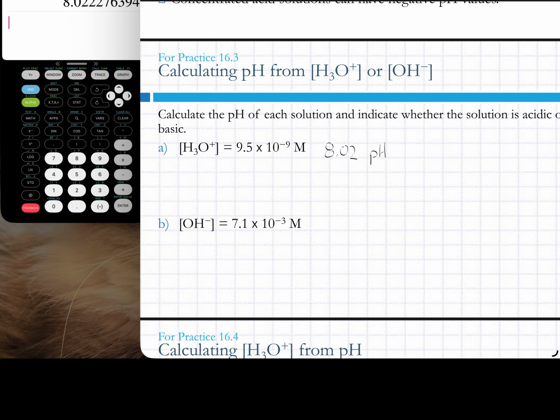Acidic, basic, or neutral? Basic. Higher than 7. Higher pH than 7 is basic.